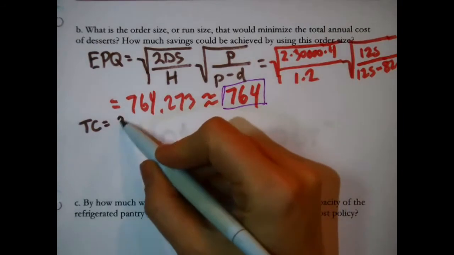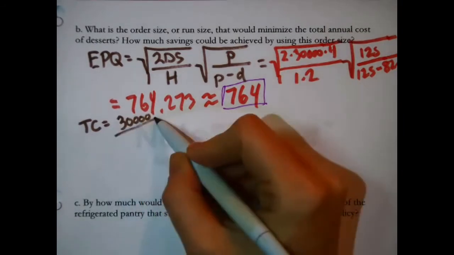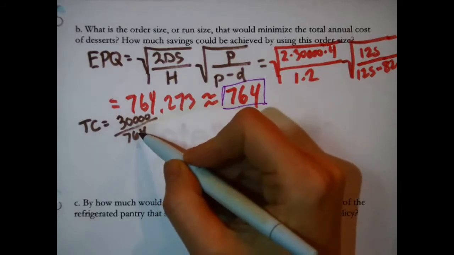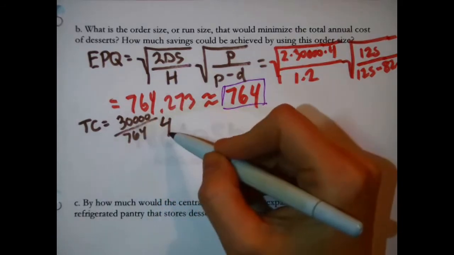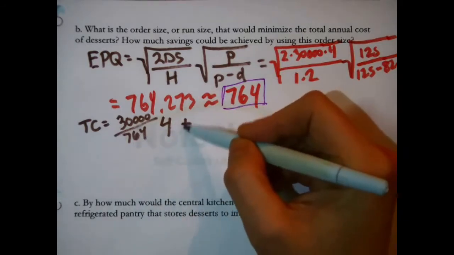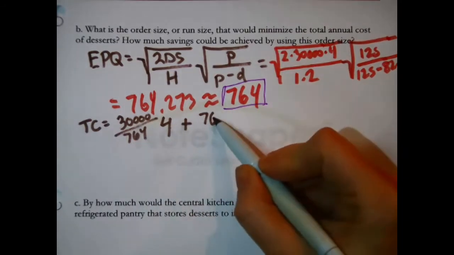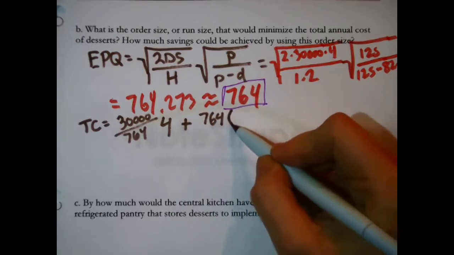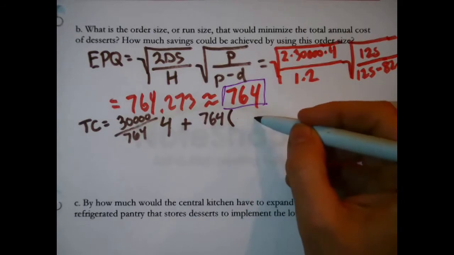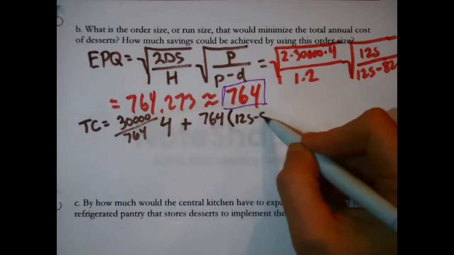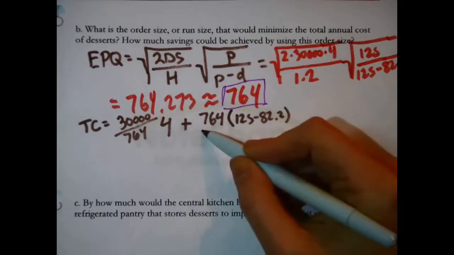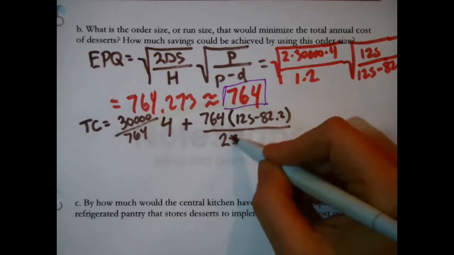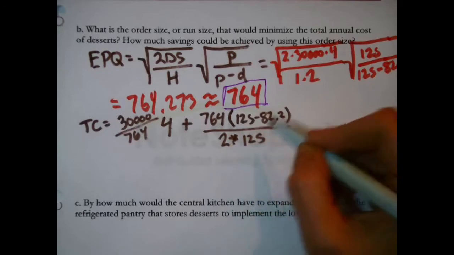Well, D is still 30,000, divided by 764 would reveal the number of times they produce desserts, but that would still be multiplied times 4, that's the S, plus Q, which is 764, times, in the total cost formula, it's P minus D here, so that's the 125 minus the 82.2, divided by 2 times 125, or 2P, right?